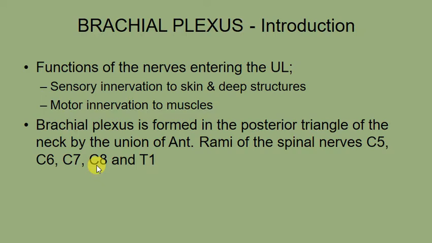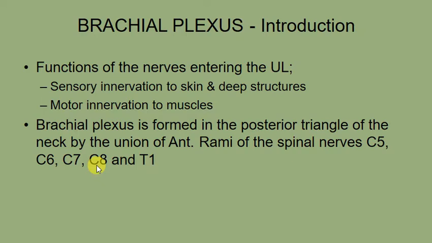As we know, we have about 31 pairs of spinal nerves, so the union of the anterior rami of the spinal nerves from C5 to T1 forms what we call the brachial plexus. When we say union, it doesn't mean that from C5 to T1 they join and form one nerve, but it is a kind of interconnection. One root can interconnect with another root to form divisions, to form cords, and then later form the final branches which will supply the upper limb.